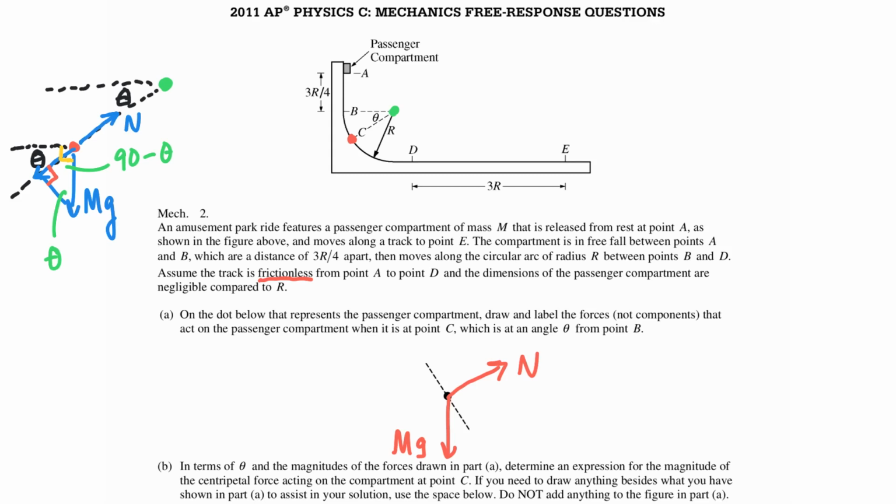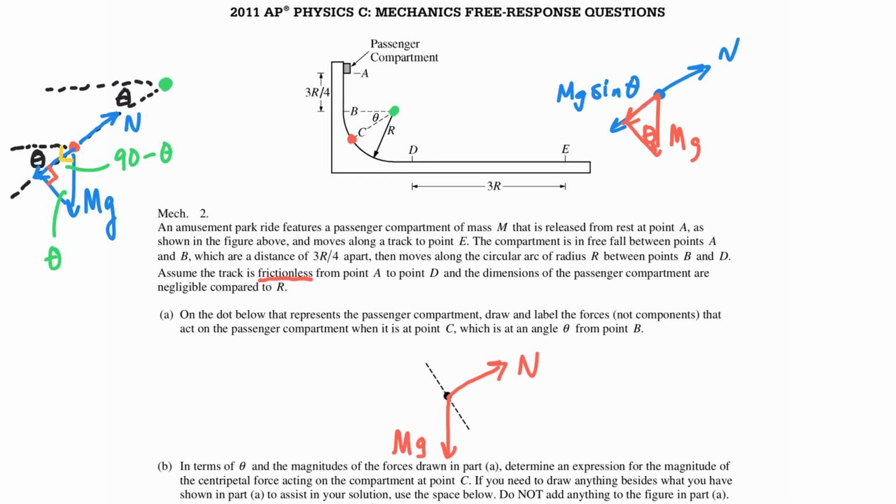On the right hand side here, I'm going to draw just a little sketch which shows N, which points towards the center of the circle, opposed by a force mg sine theta. Just to be absolutely clear, that is because mg, which points straight down, forms a triangle with theta tucked in that corner there, and so the component which points opposite that angle, drawn with that red line, is mg sine theta.